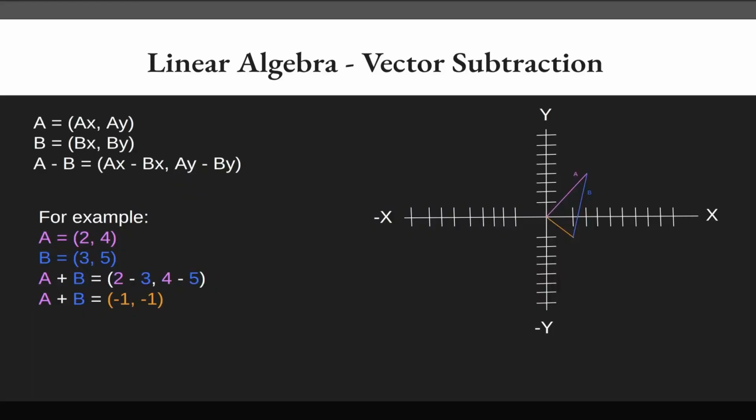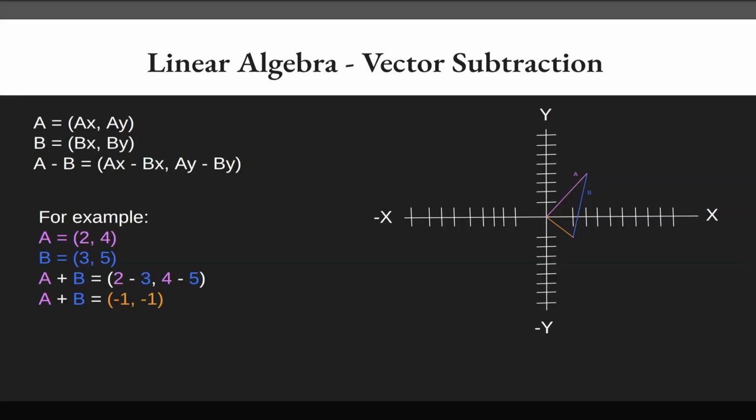Now connect B's tip to A's tip, and that arrow is A minus B. Its coordinates are (-1, -1), exactly what we found algebraically. It points down and left. Left and down, whatever. So the geometric correction from B to A is a thing.